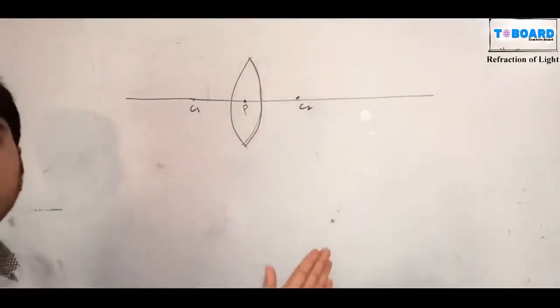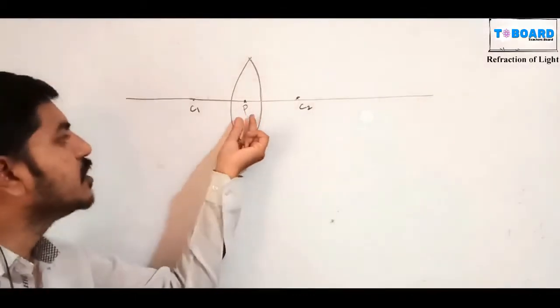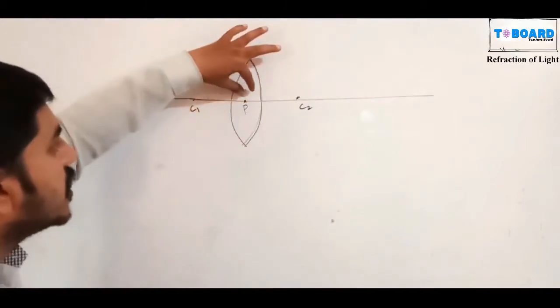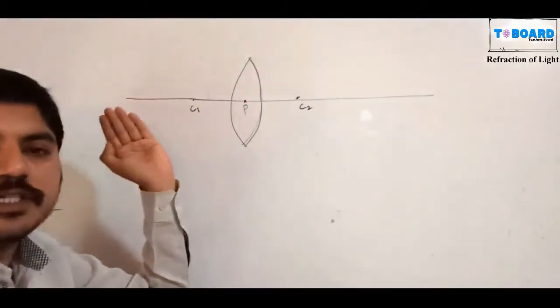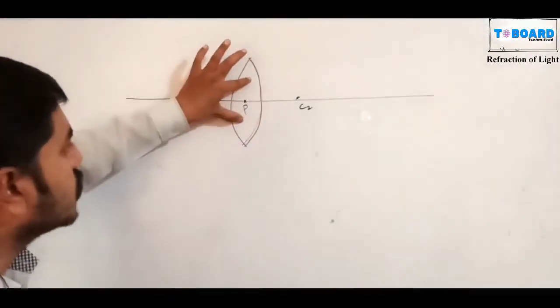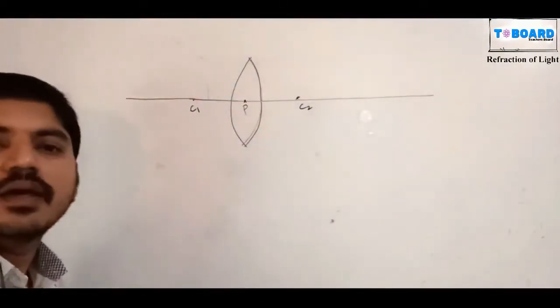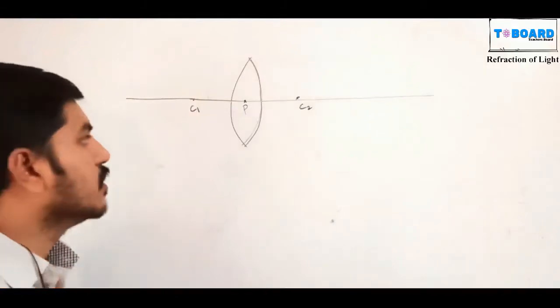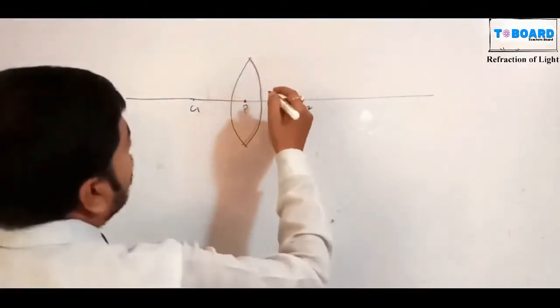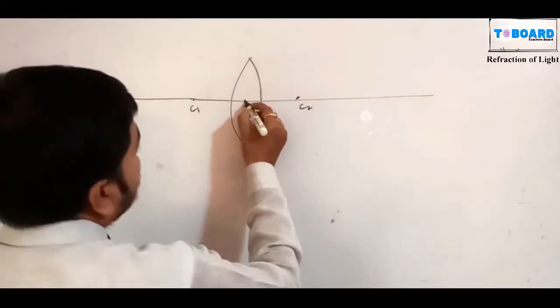Now the name pole changes to optic center. What is the definition of the optic center? The point where the principal axis meets the curvature is called the optic center.